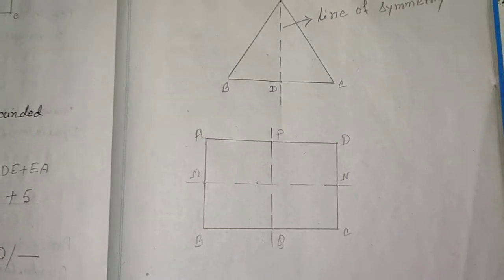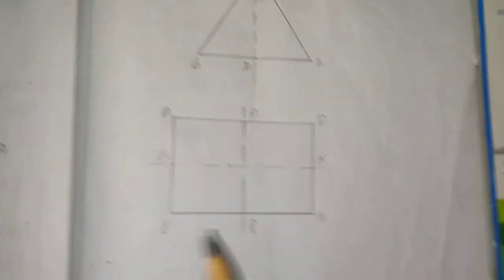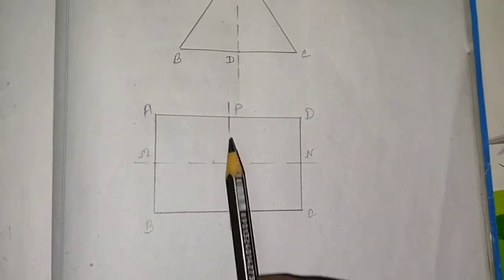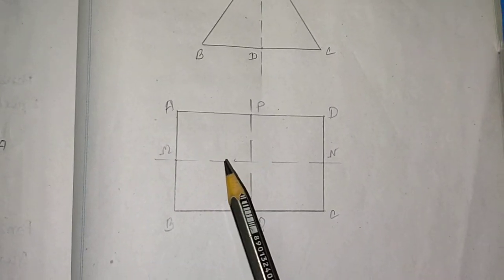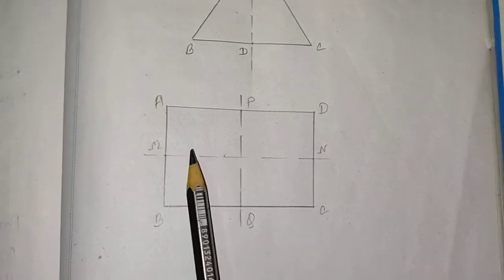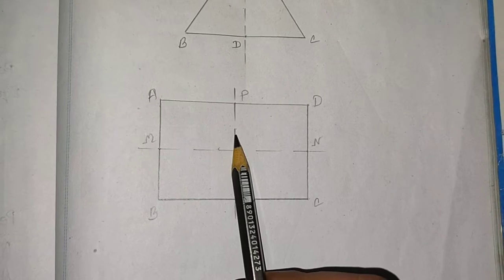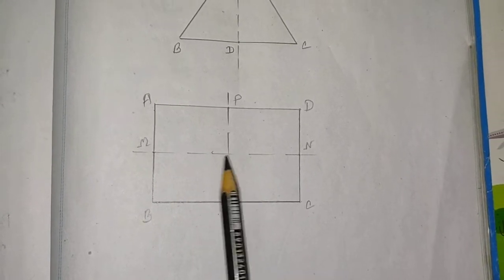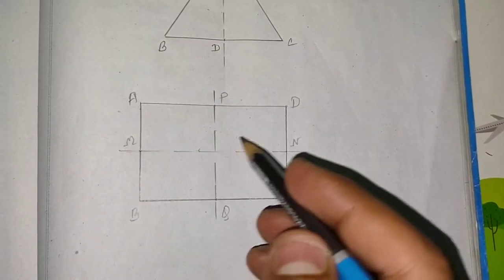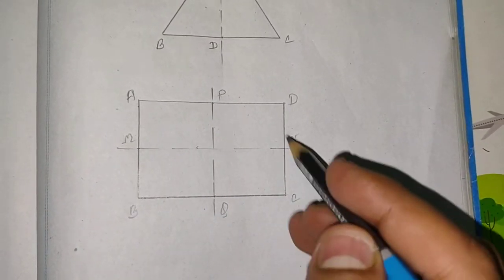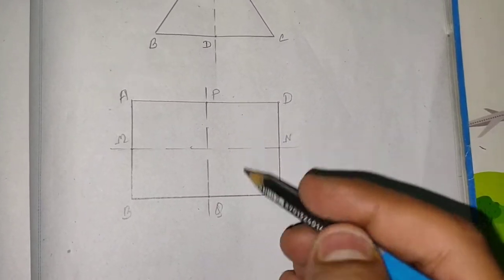Now I take another figure. It is a rectangle. Now you can see I can divide this rectangular figure into two equal halves, and I can draw two lines of symmetry. If we divide this rectangle along this line, we get one half here and one half here, and they are equal.